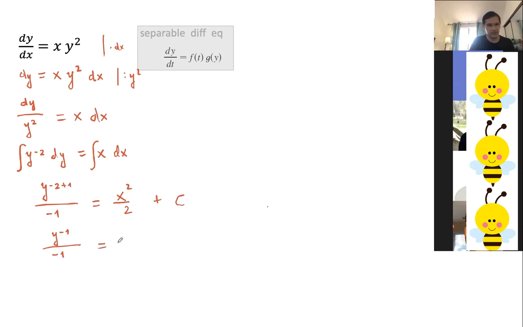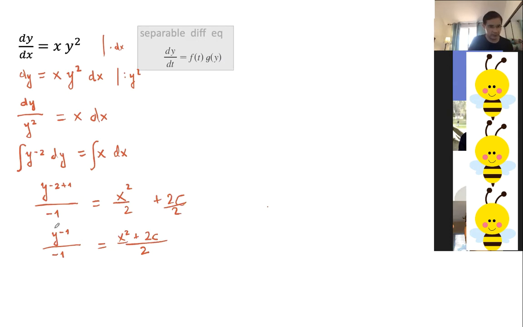And that's equal to x squared. Let me just say this is 2c divided by 2. The same thing. I just want to see the common denominator. So I'm going to have x squared plus 2c divided by 2.